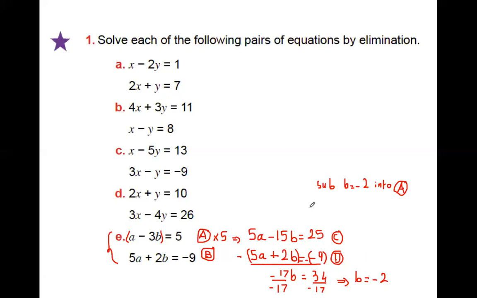So that means I get A minus 3 times negative 2. So a negative times a negative will give me a positive, equal 5. So that is the same as A plus 6 equals 5.